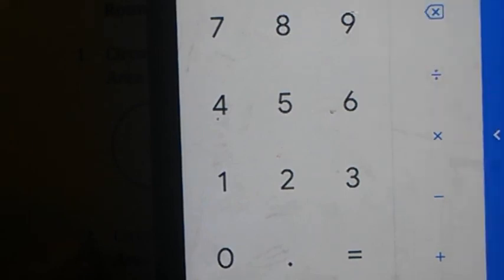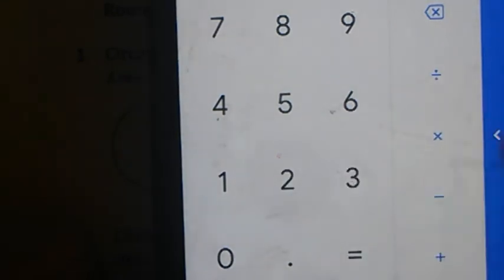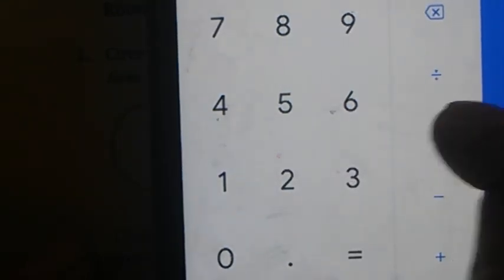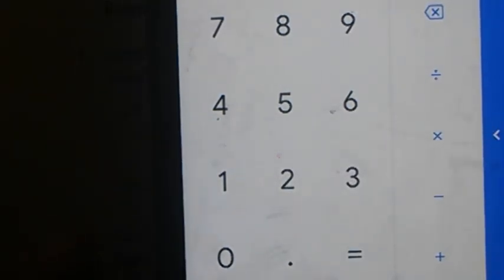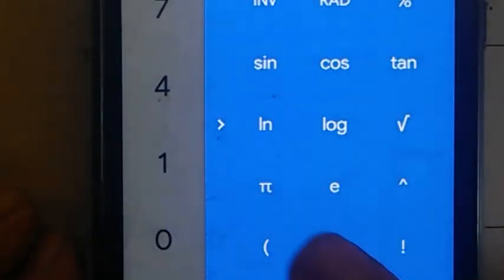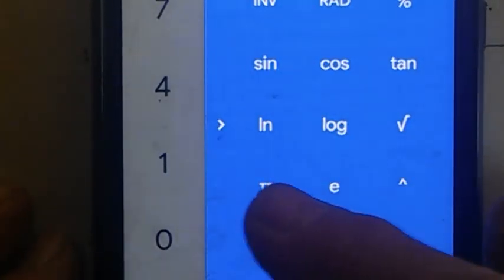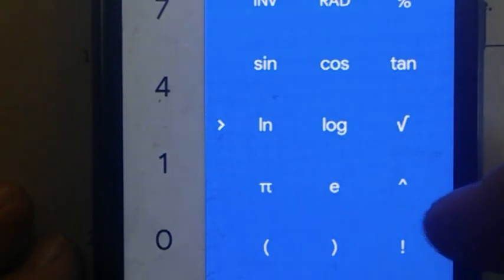But I could have done this. I could have done my 10 times 2, times. A lot of calculators will have a symbol for pi, and there it is. Can you see it there? Pi. I'm going to put that symbol.